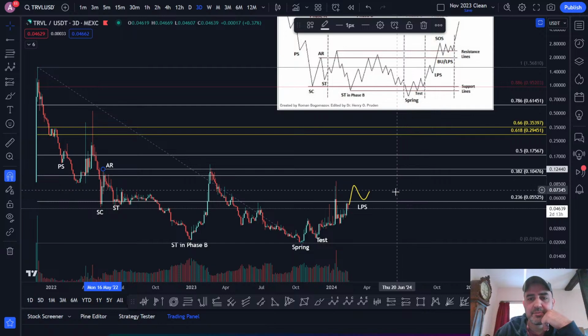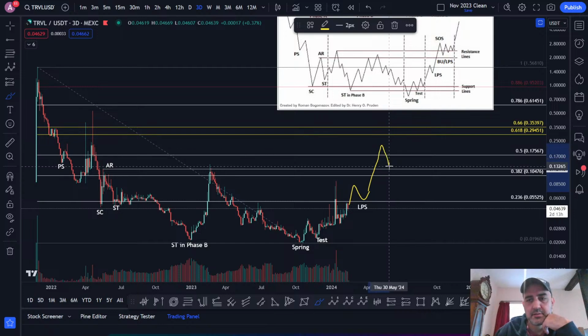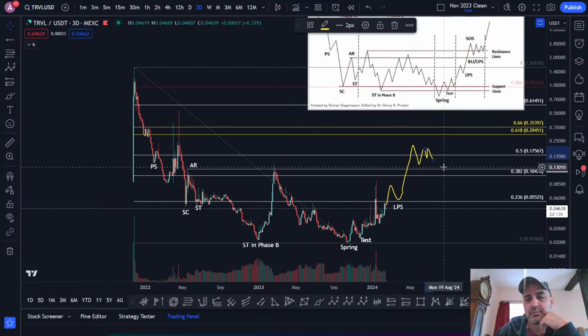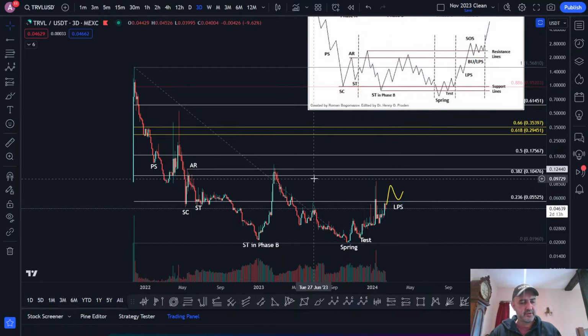The buy up takes us above the AR into some kind of SOS. I don't know. Let's see. We can keep an eye on this to see if this plays out like this. But this is kind of how it would look.